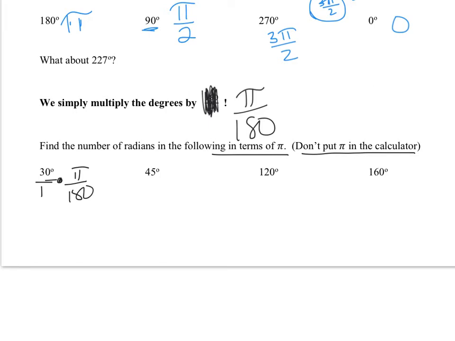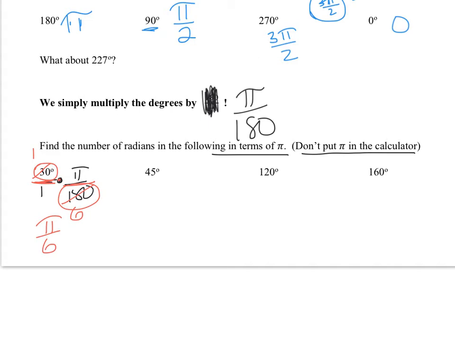Those of you that like your calculator a lot, I will do that in a second. But if you notice, this is simply a multiplication problem. This is in the top, this is in the bottom. We can simply reduce them. 30 goes into 30 once, 30 goes into 180 six times. So the answer is pi over 6.